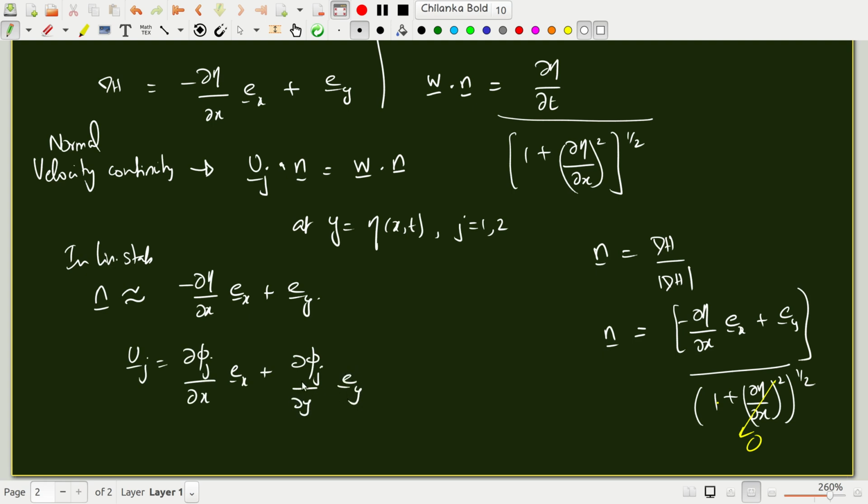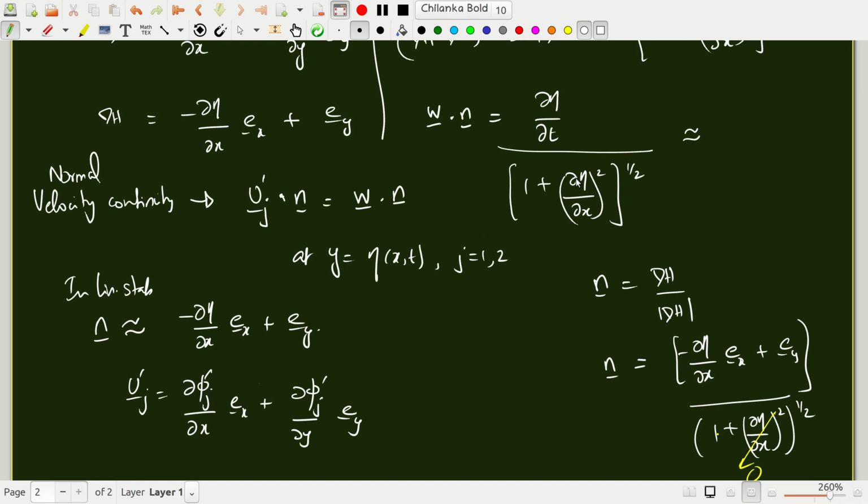Now all you have to do is, these are all perturbations, so substitute this out here and equate it to w dot n, which is approximately unity within the linear analysis.